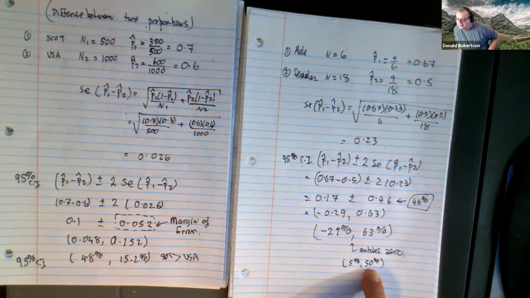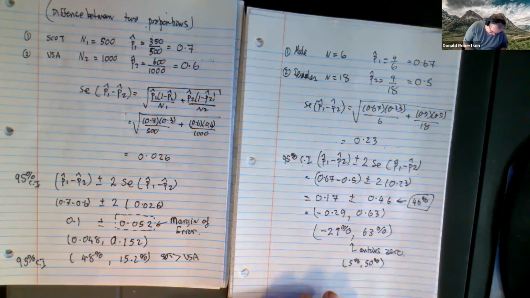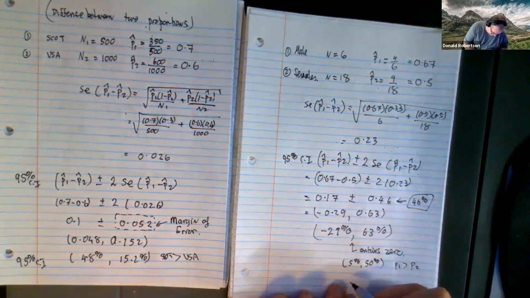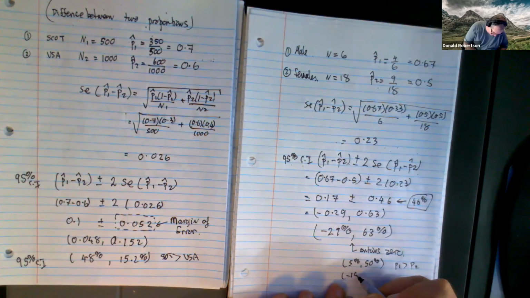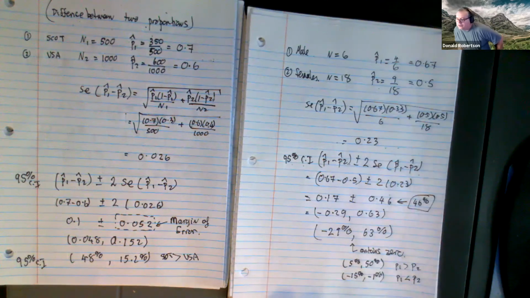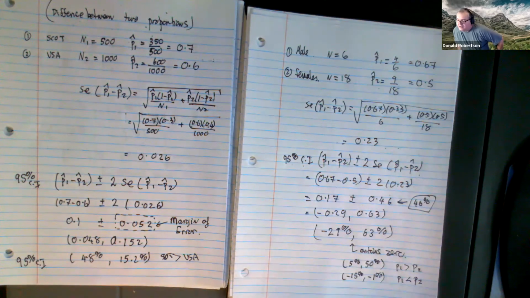It's at least bigger than 0. So that would be guys more than women. Of course, it could have been negative 15 to negative 1%. Wouldn't that be evidence that they don't watch sci-fi as much as women? And then this one can't tell if there's a difference.